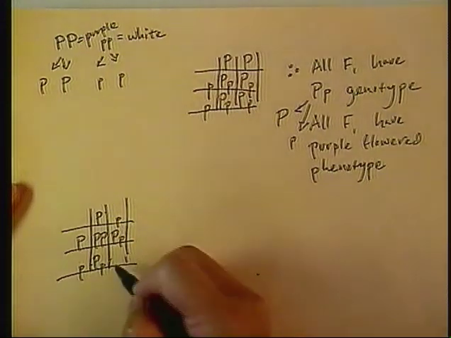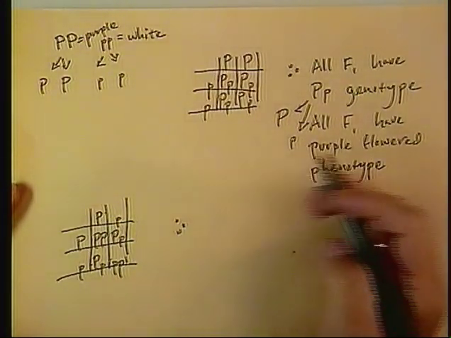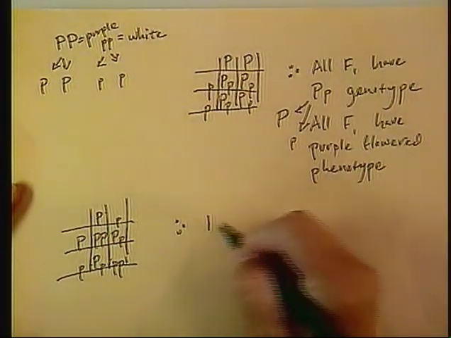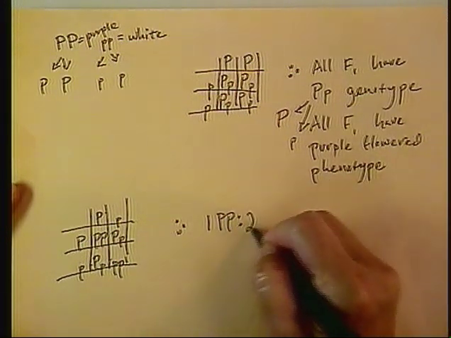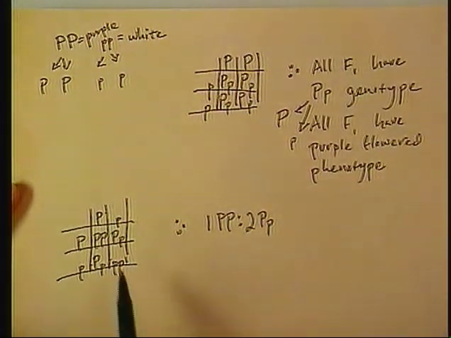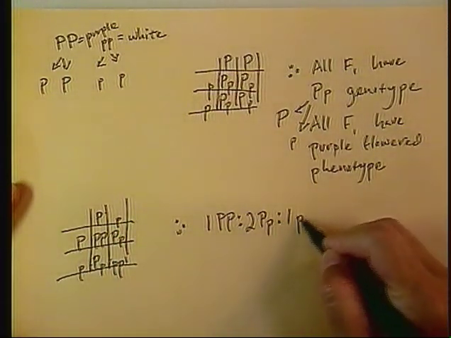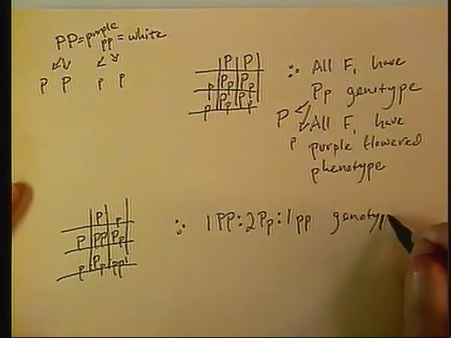Lowercase, lowercase. Therefore, in the F2, the genotypic ratio is 1 capital P capital P, 2 capital P lowercase p, and 1 lowercase p lowercase p, so 1 to 2 to 1. And this is the genotypic ratio in the F2.